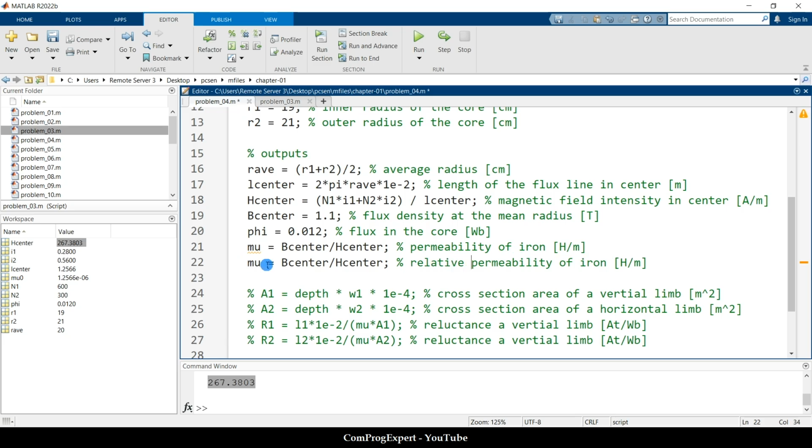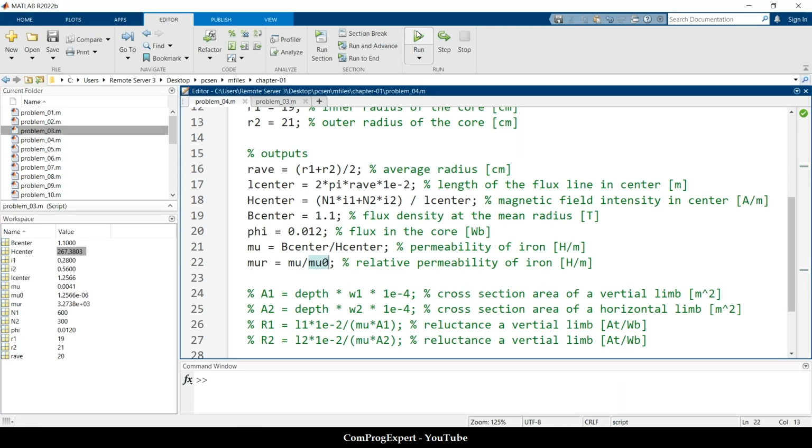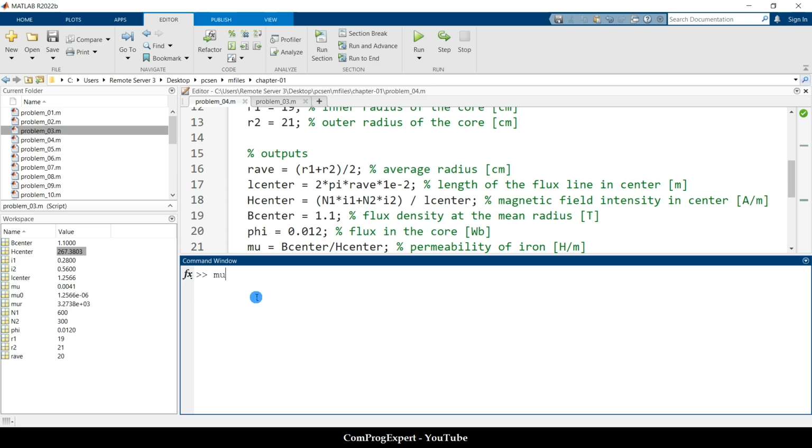Relative permeability, mu R, is equal to mu divided by mu 0. So the relative permeability should be determined for part C. If I run, as you can see, the relative permeability is around 3200, mu R for this iron core. Around this number.